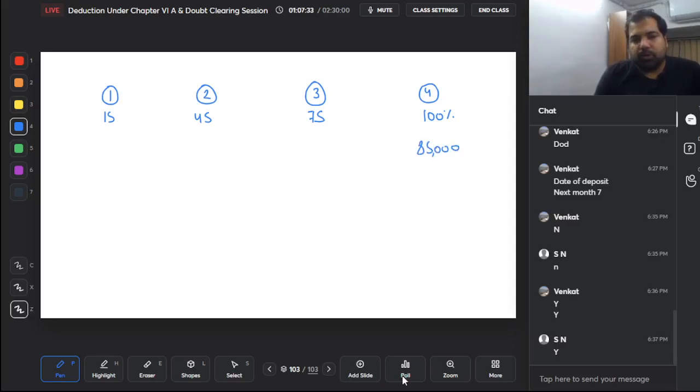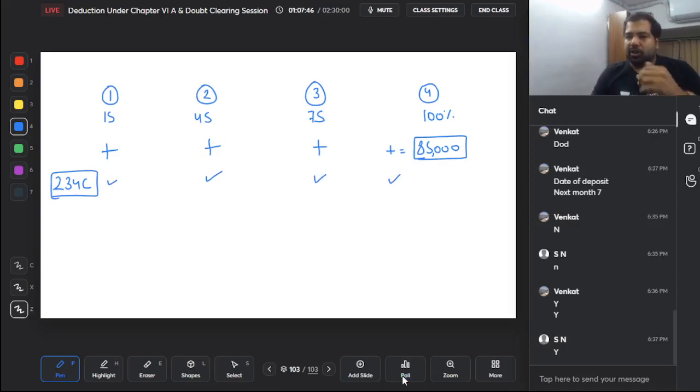So this plus this plus this plus this is 85,000. There is a section called 234C which will check you here, here, here and here, and they will charge you interest. But this section gets applied in this previous year. So for 234C, this is the year in which it will play. 234C will play only in the previous year, 4 times.